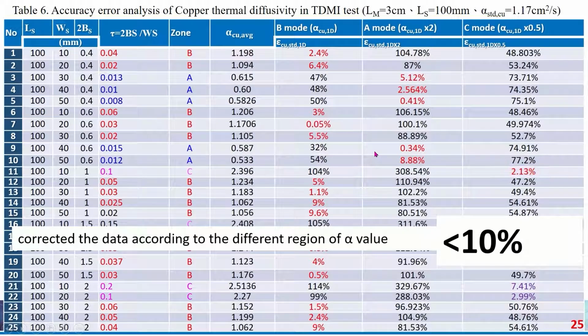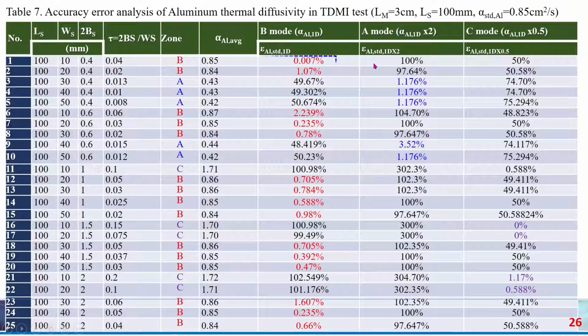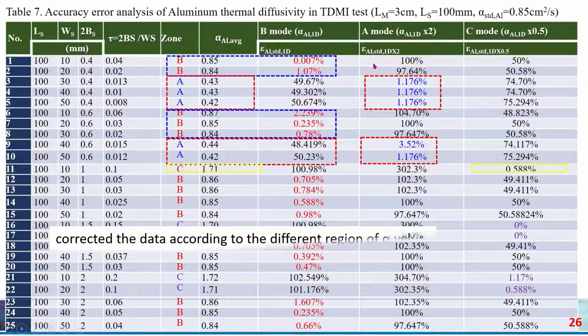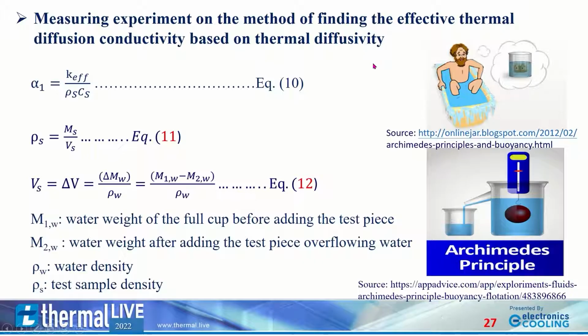Therefore, corrected data according to different regions of alpha values, or the accuracy errors in table 6, has been controlled within 10%. After all the calibration work, table 7 shows the accuracy errors of the alumina are within 2%. The thermal diffusivity obtained from TDMI can be expressed by equation 10 as well.